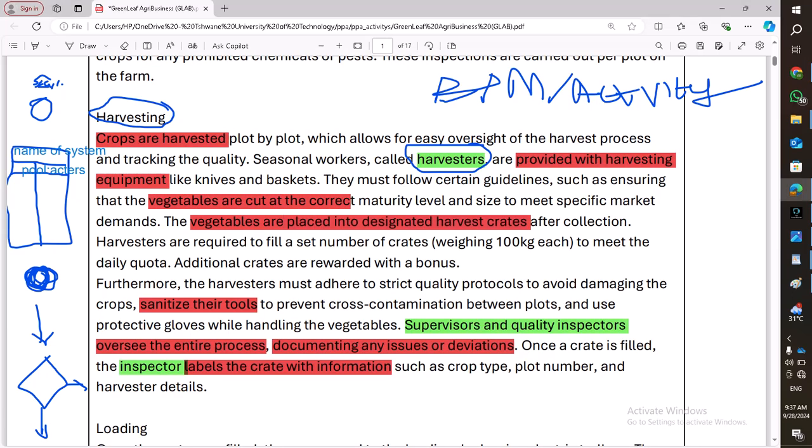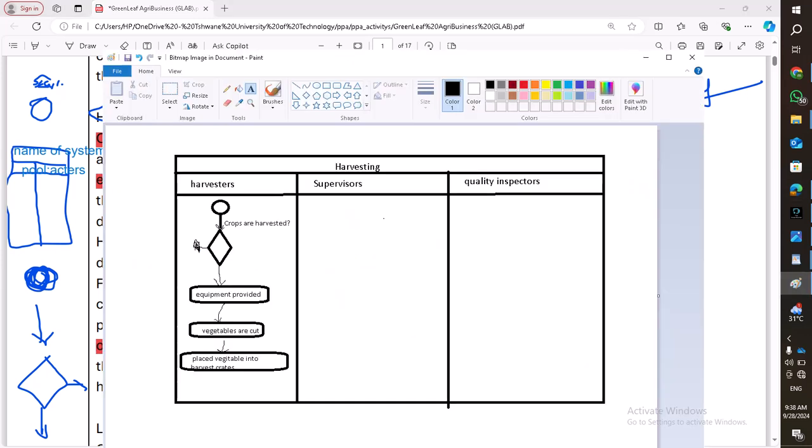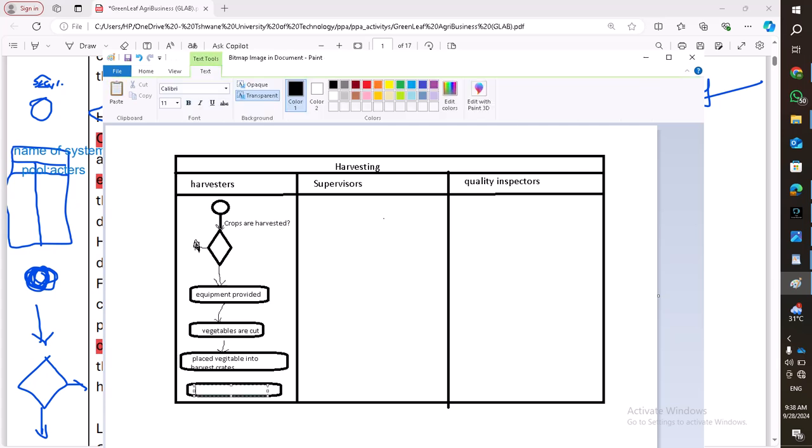After they cut, they sanitize their tools. Sanitize tools.